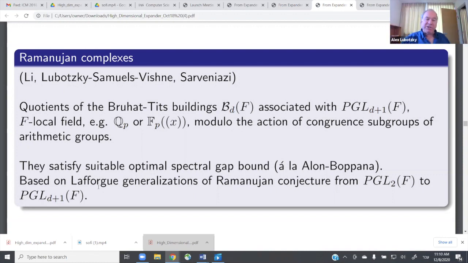Whatever it means in representation theory, we wanted to understand the combinatorial meaning of his work. Just like the Ramanujan conjecture for PGL_2, which is a big theorem in representation theory, turns out to have a down-to-earth application to discrete mathematics, to finite objects like graphs, we said, okay, there must be some meaning to his work on some finite simplicial complex, and we worked out what the meaning is.